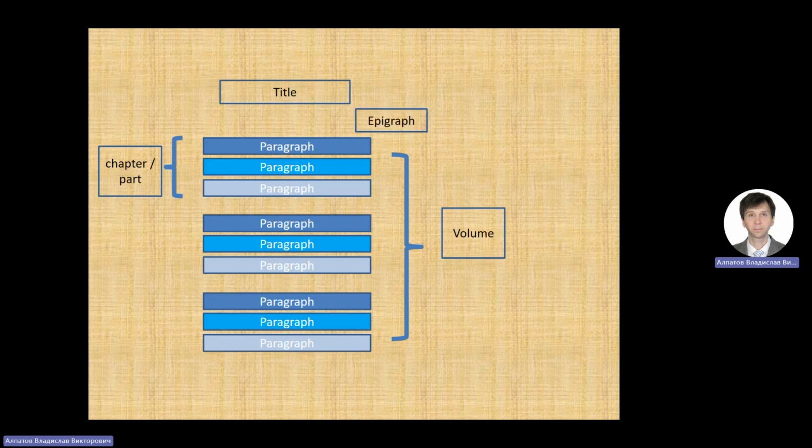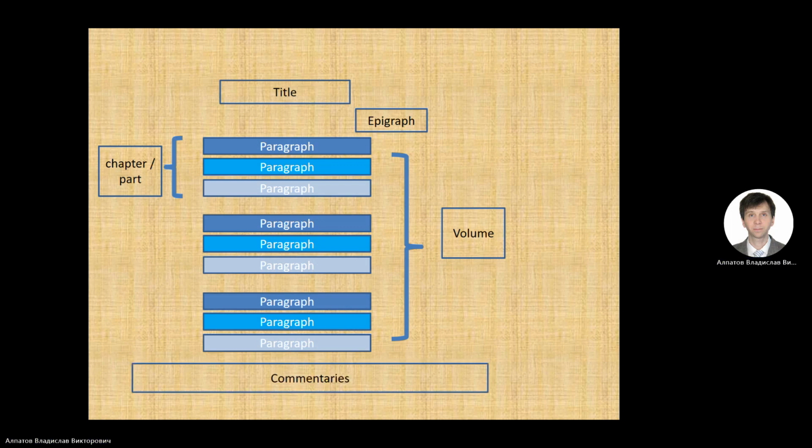It can have an epigraph, right? An epigraph, which is a text which refers it to some previous text. A text may have commentaries written in the same volume or later, and which are also related to this text.